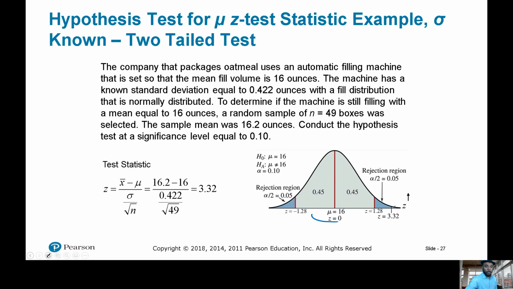Okay, good. As we can see here, our critical value is 1.282, and our test statistic is to the right of it. So it's in the rejection region. So our decision will be to reject the null hypothesis. It means that there is enough evidence to support the claim, and you state what the claim was.